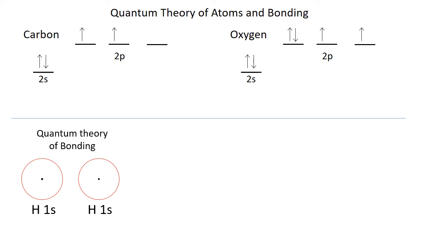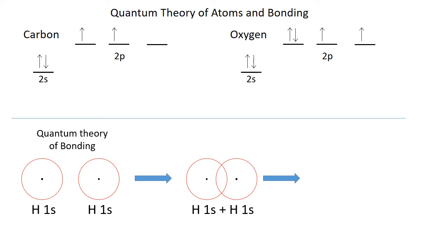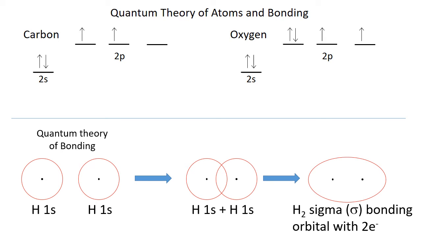So for example, in the molecule H2, 2 hydrogen atoms come together, their electrons each in 1s orbitals. These combine or overlap to produce a bonding orbital that looks like this, covering both nuclei of the bonded atoms. We call this a sigma bonding orbital, and it has the 2 electrons that are present in the bond.